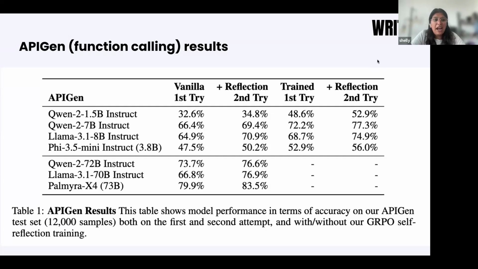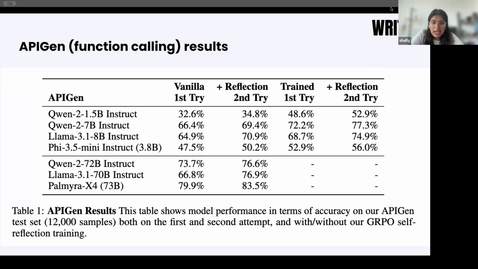And one thing I want to highlight here is if you look at, for example, the Qwen 2 7 billion instruct row, so that's the second row of the table, you see the model vanilla first try, you're at 66.4%, and then with the training and then with giving it a second try, you bring it all the way up past 77%. And if you compare this to plus reflection second try of the large models, the Qwen 2 72 billion and Llama 70 billion, that 77% is actually higher than when you prompt Qwen and Llama, very large models, for self-reflection, right?